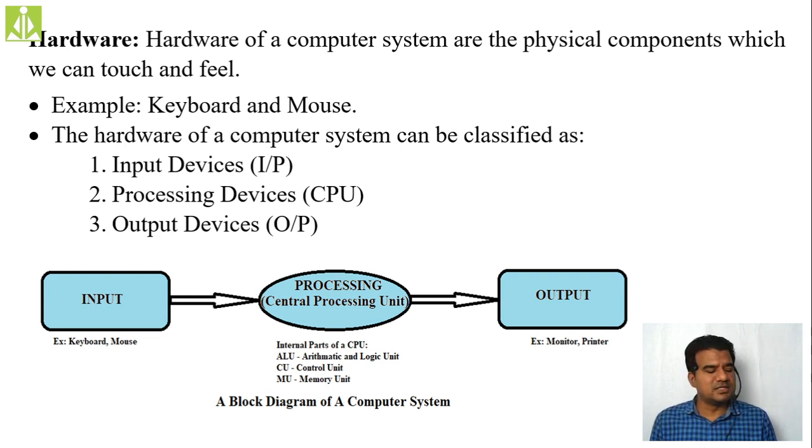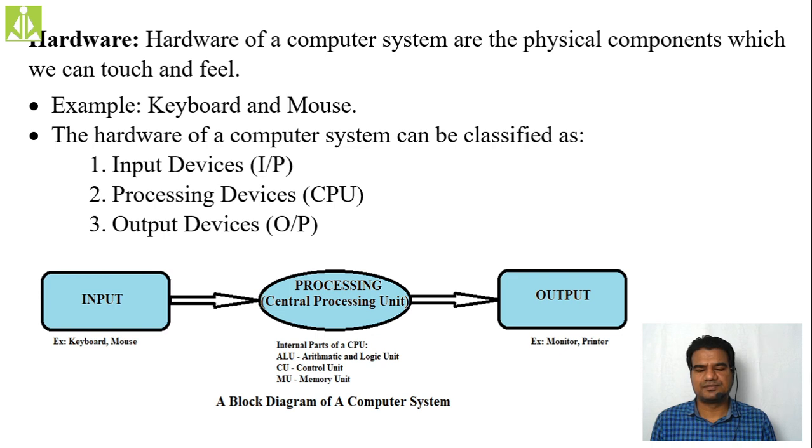Examples are your keyboard, mouse, and what I just dictated. Internal to the CPU, I mean internal to the cabinet of the computer, we have the processor, motherboard, RAM, ROM, then different peripherals, CD drive, hard drive.